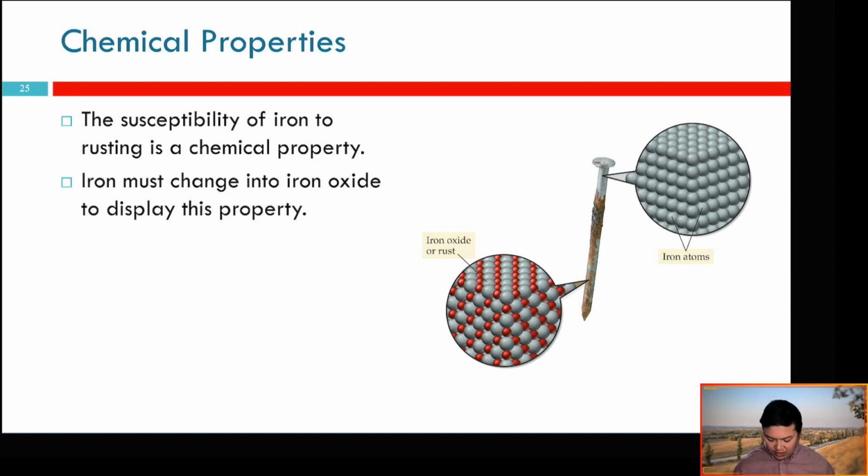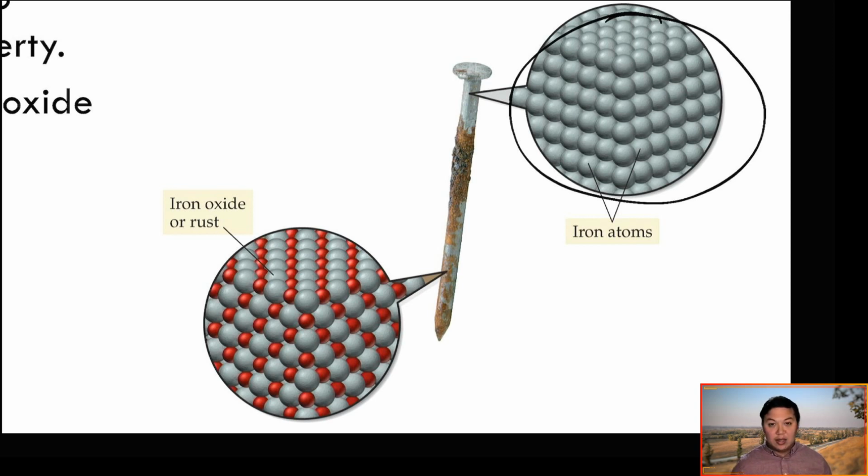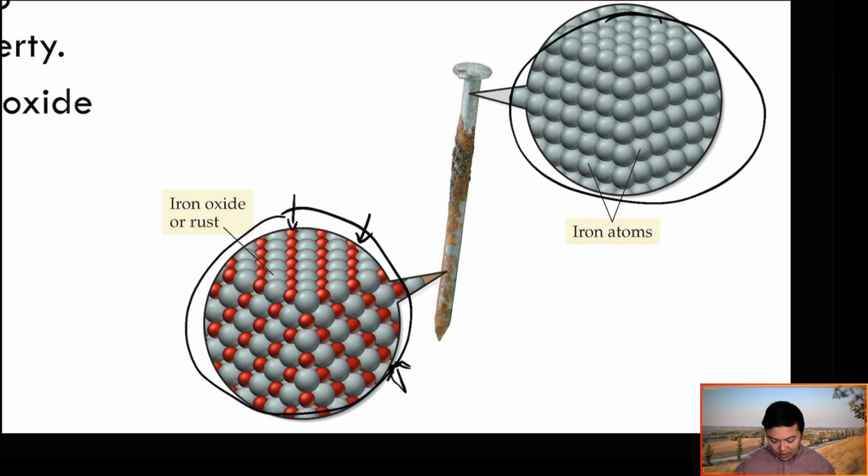Our pure iron looks like this. When it rusts, we form iron oxide. The oxygen is chemically reacting with the iron to put oxygen in between the iron atoms, and that's what changes its composition.